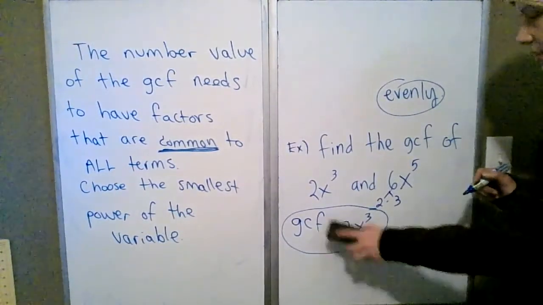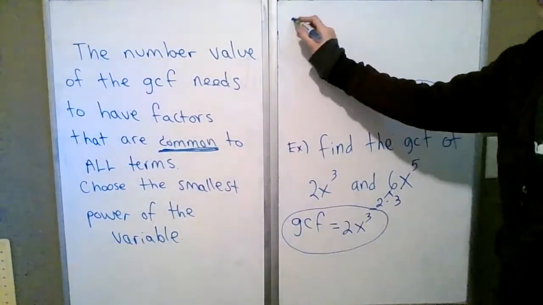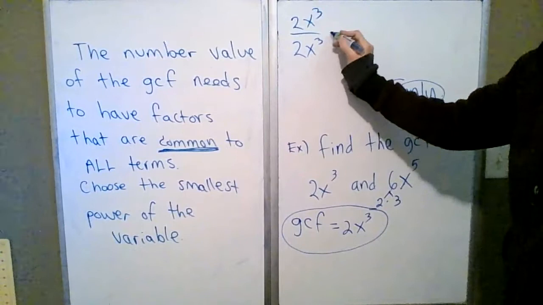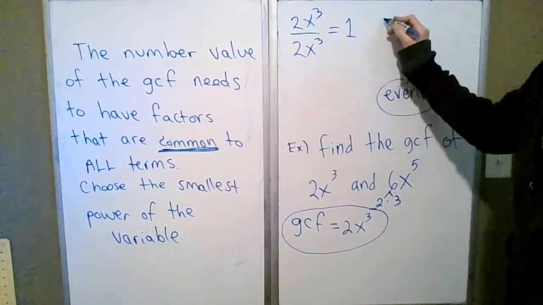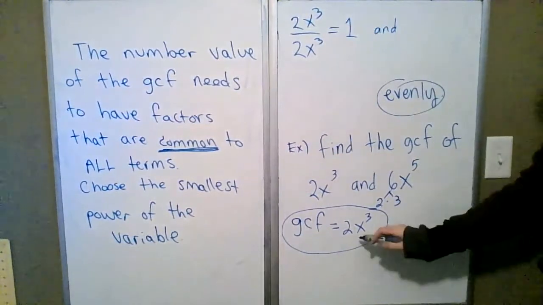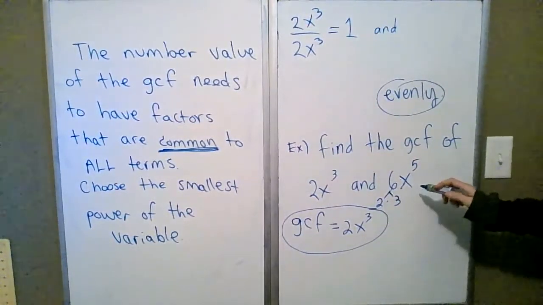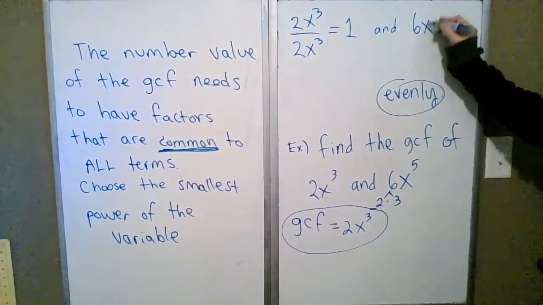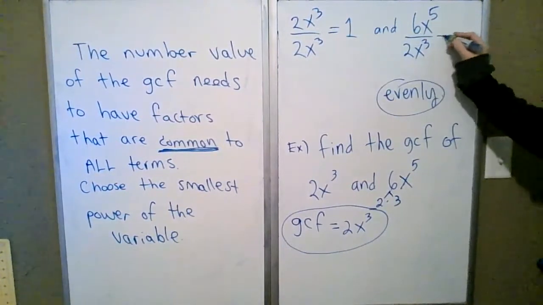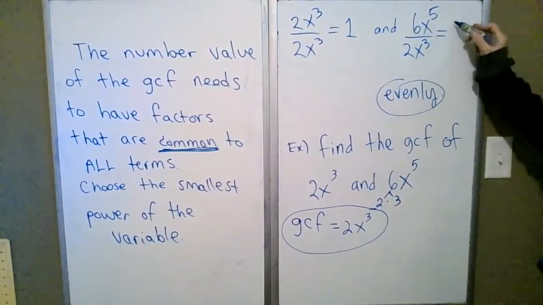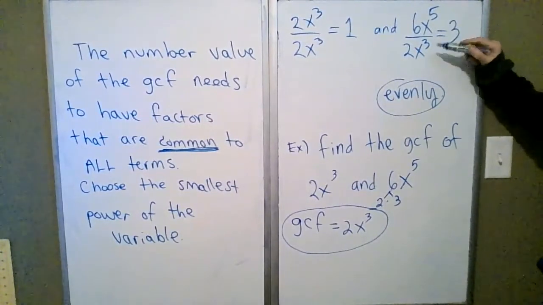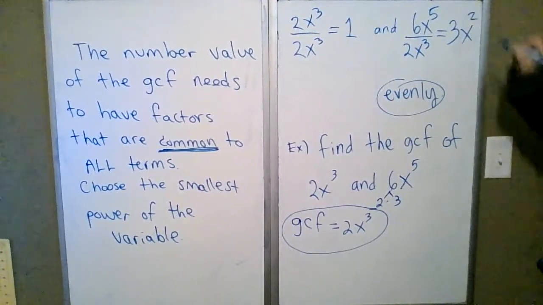Does 2x cubed divide 2x cubed? Well, 2x cubed divided by 2x cubed would be 1. And does 2x cubed divide 6x to the 5th? Well, 6x to the 5th divided by 2x cubed, you would get 3, and x has a power of 5 minus 3, which is x squared. So this is good.